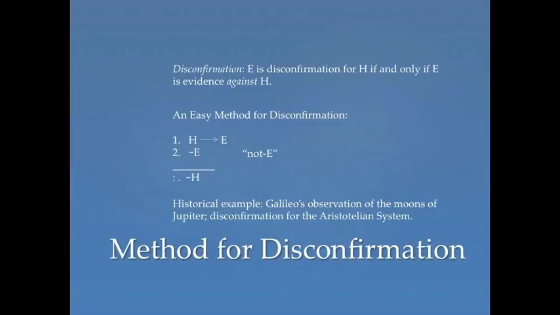So let H be Aristotle's hypothesis, and E is the consequence that we only observe planets and stars orbiting the Earth. Well, Galileo discovered, by using his telescope, that Jupiter has moons, and these moons appear to be orbiting around Jupiter. So that's disconfirmation for the Aristotelian system. Why? Because H predicts that E, and E turns out not to be the case. There are objects orbiting other things other than the Earth.